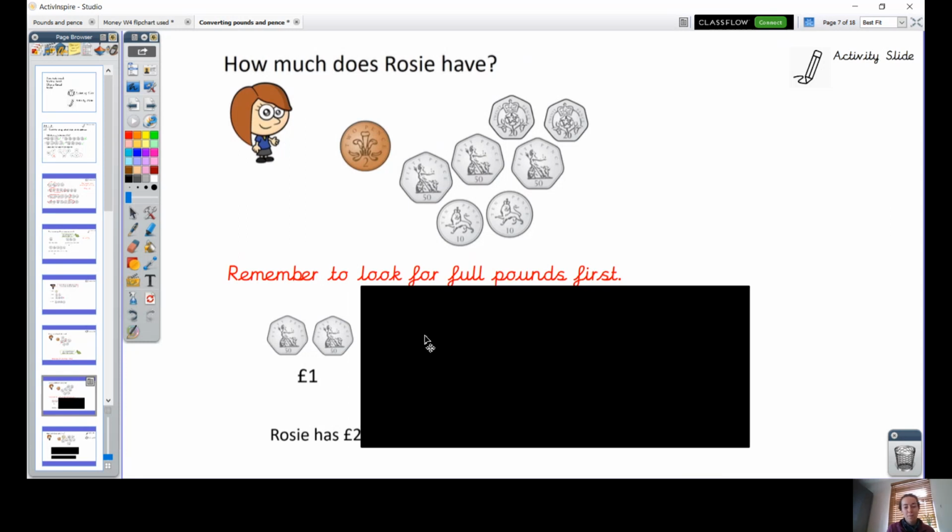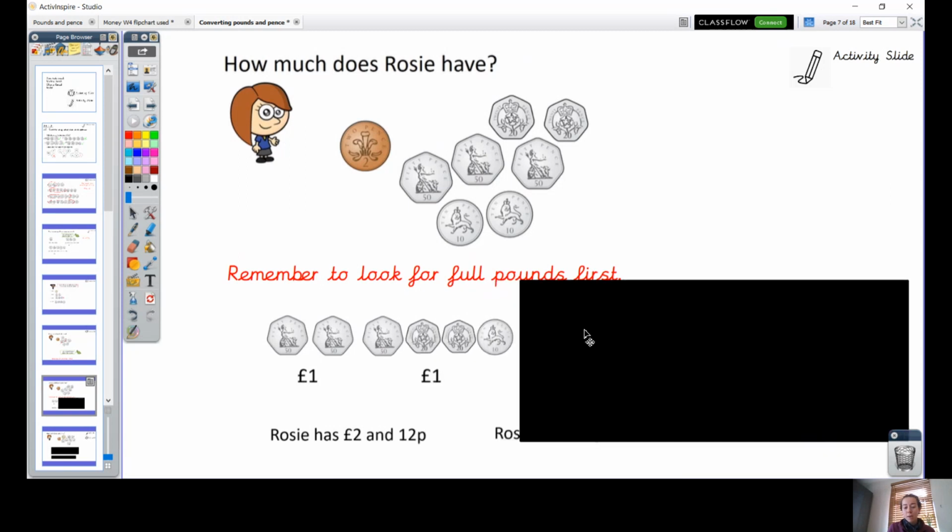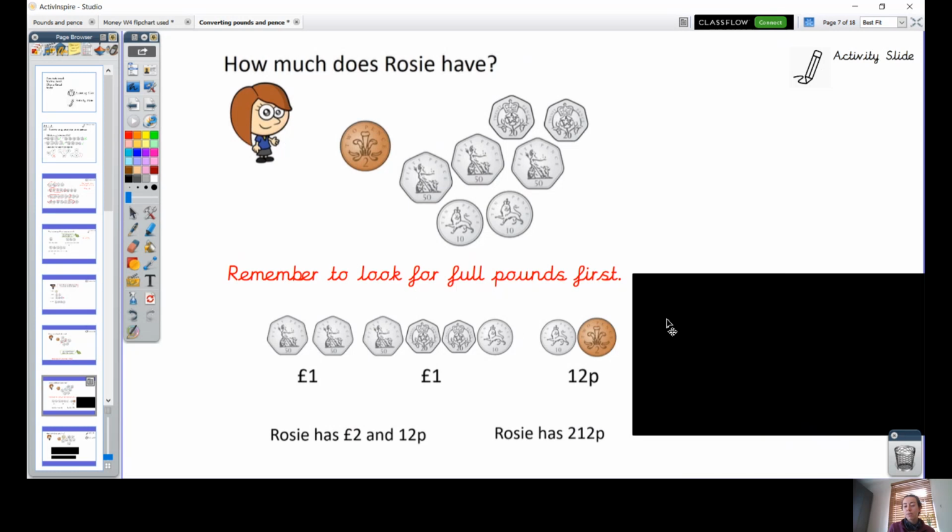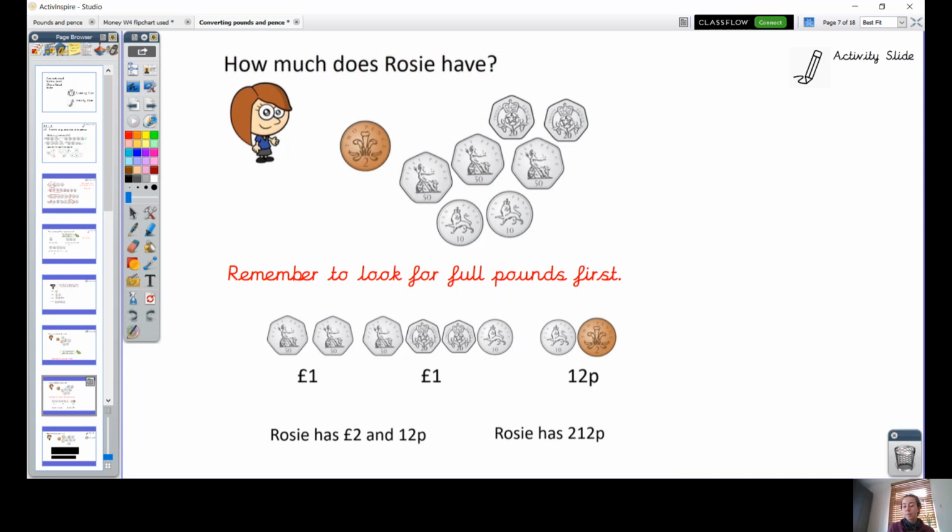They make a pound. You might have spotted that there was other coins that made the total of a pound. And then there was a bit more left, wasn't there? So Rosie has £2 and 12p, and that's the same as saying 212 pence. Tick that if you got it right.